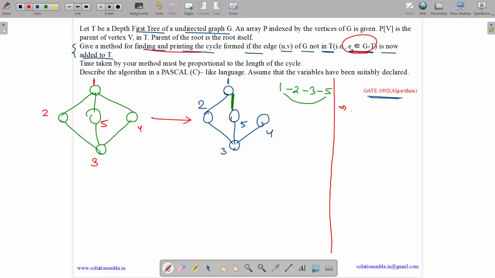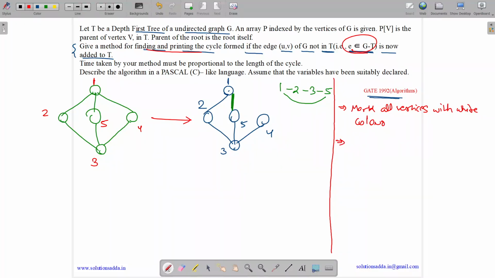Initially we mark all the vertices with a color. Let us assume white color. So all the vertices are initially white.